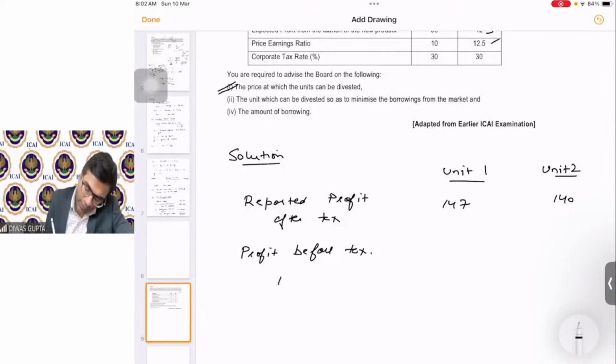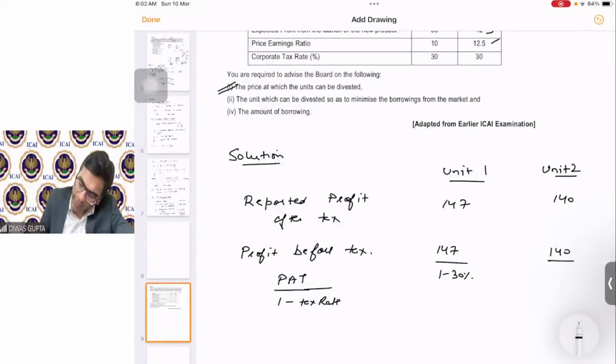So we need to do PAT divided by 1 minus tax rate. So this becomes 147 divided by 1 minus 30%.